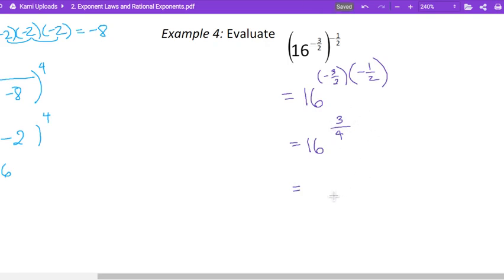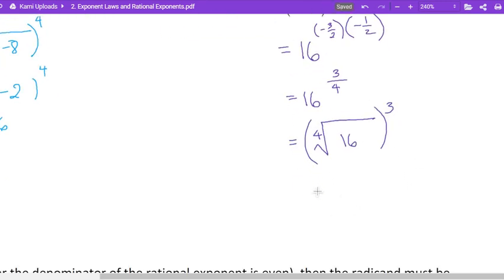Now let's rewrite this in radical form to allow us to evaluate it. And again, I'll put the 3 outside so that I can take the 4th root more easily. So what times what times what times what equals 16?